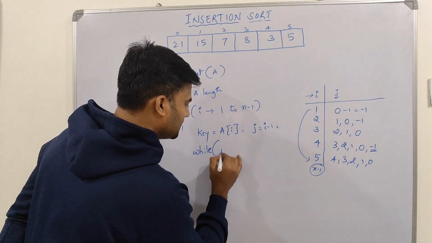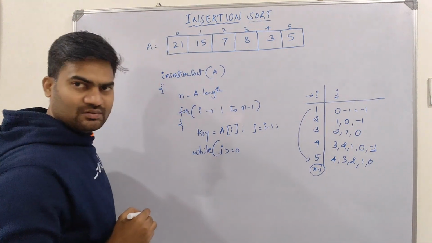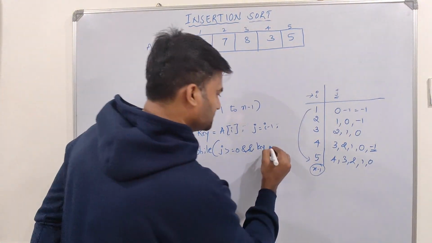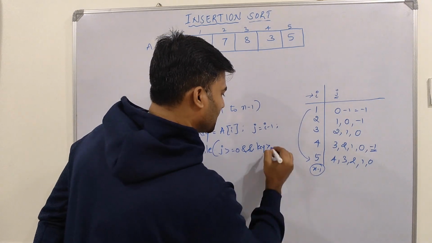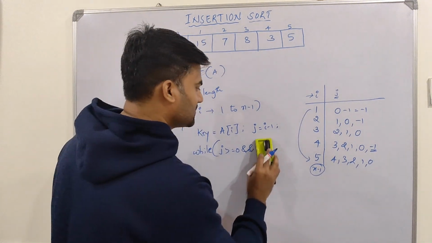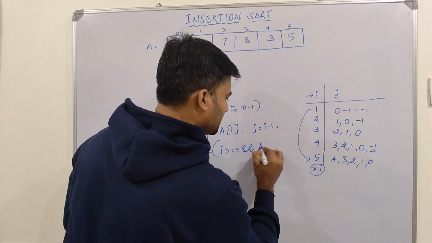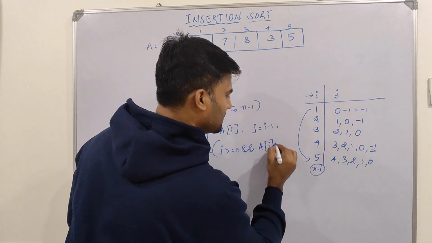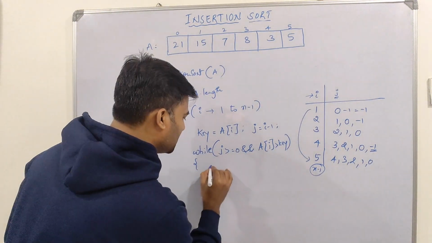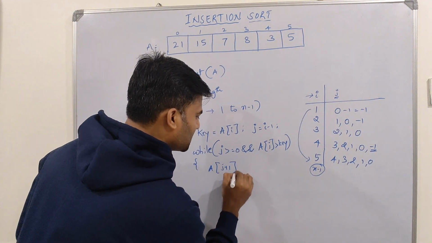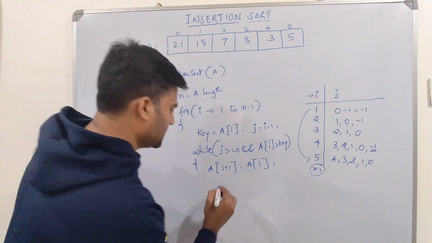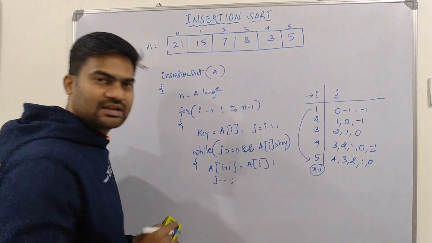So while j is greater than or equal to 0, and a of j is greater than key, what we will do, we will simply replace a of j plus 1 with a of j. Okay, after this what we did, we decremented j.